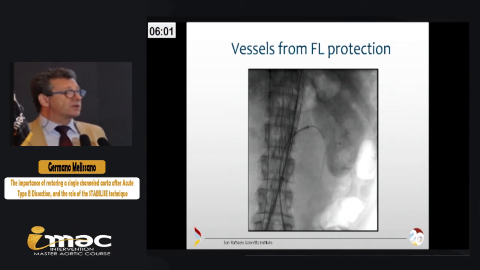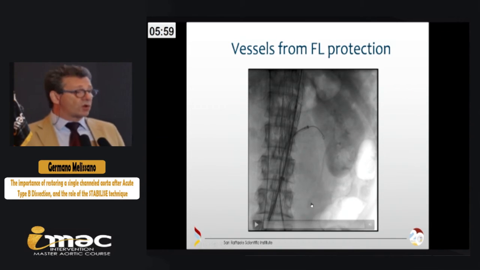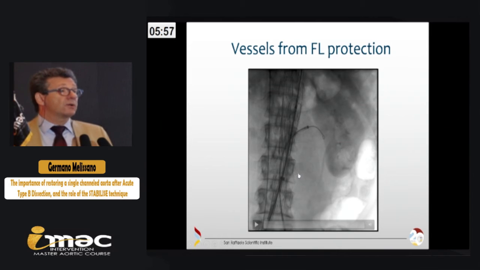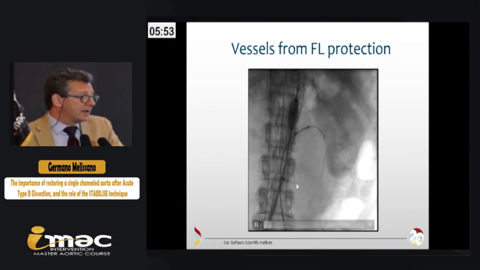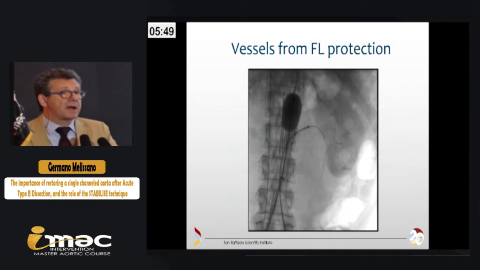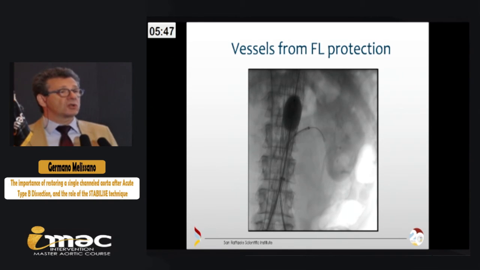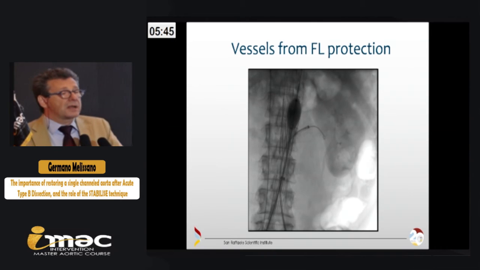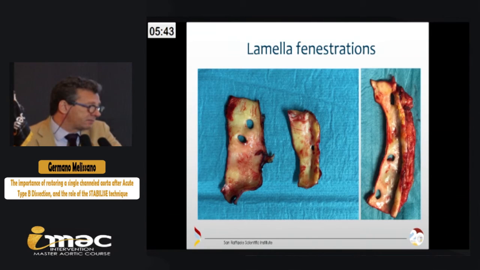So after the placement of the bare stent, but before the ballooning, we are going to cannulate them with a sheath. We are going to protect them, and then if needed, we can place a bare stent in order to optimize the juxtaposition of the hole in the lamella with the target vessel.